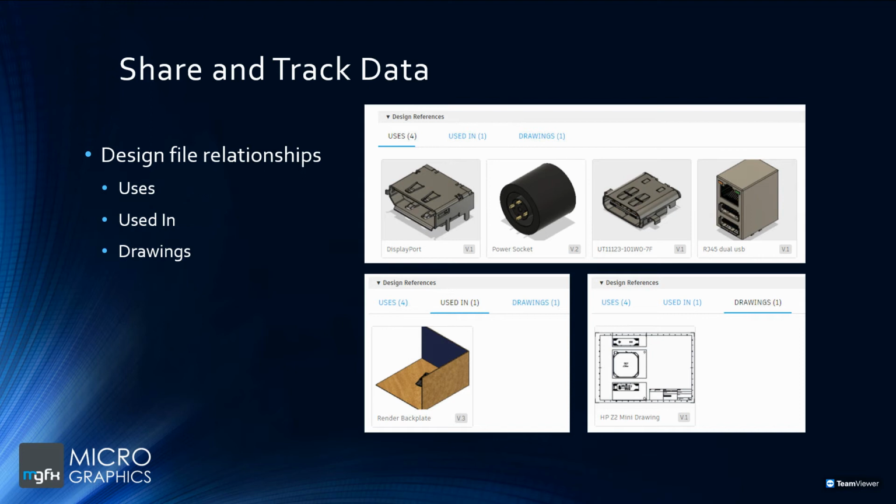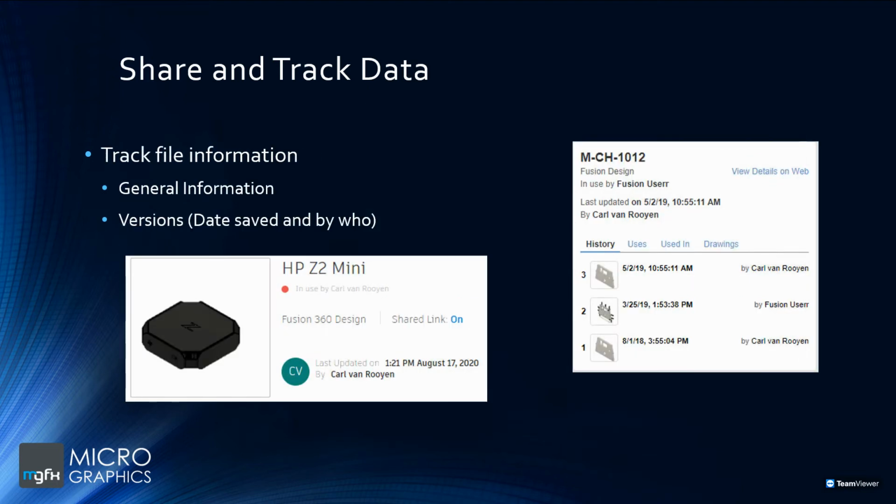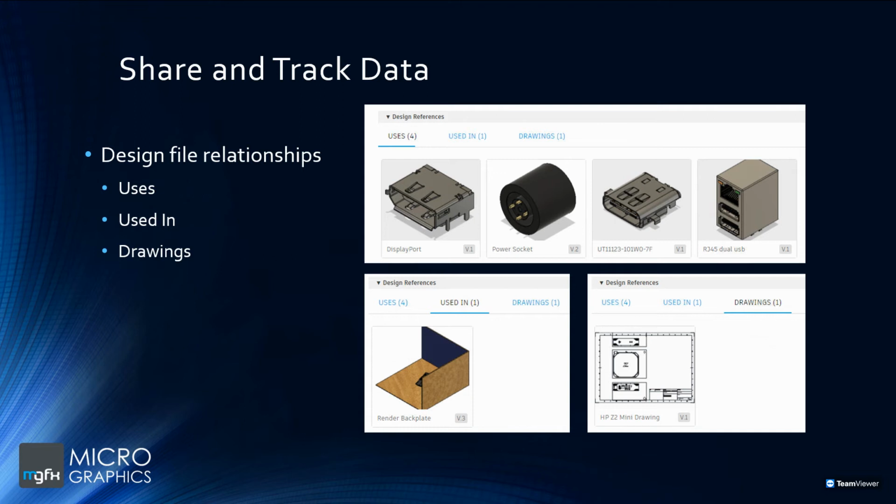Now, these are what we call design references or design file relationships, generally classed into 3 things for Fusion. You have users. So essentially, if I just go back to the previous slide, we have that HP Z2 Mini, and what we see on this slide here is the information relating back to that HP computer. So we can see that in the users tab, it is referencing other components within the Team Hub.